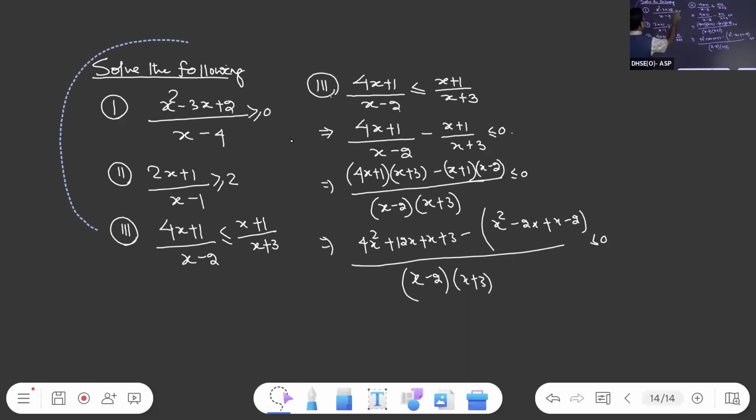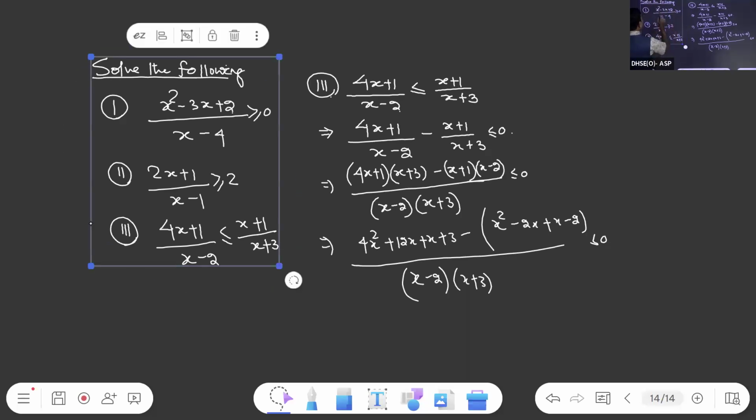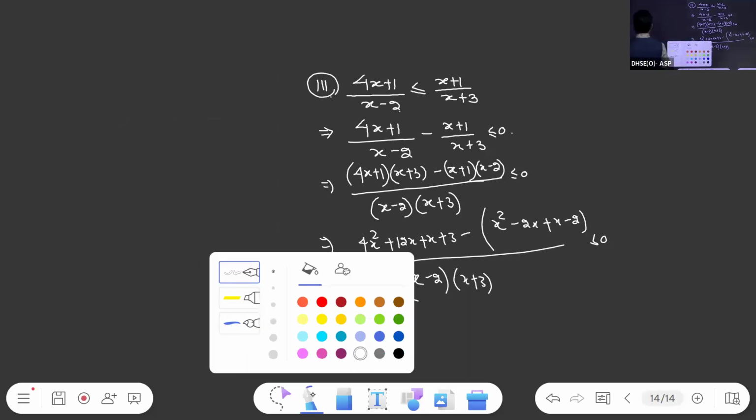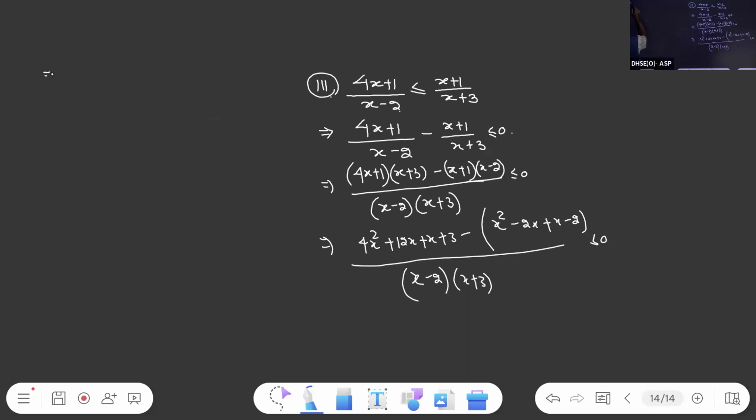Right? So 4x square minus x square is 3x square. 12x plus x is 13x. 13x plus 2x is 15x, minus x is 14x. 3x square plus 14x.